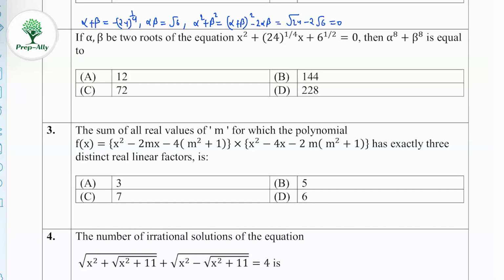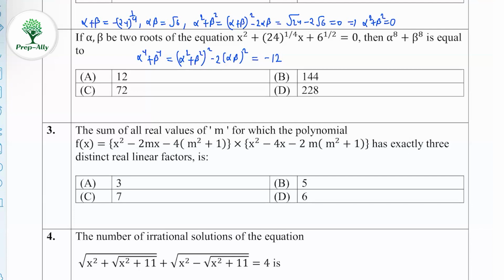So alpha square plus beta square is 0. Once we have that, you can also calculate alpha power 4 plus beta power 4, which is alpha square plus beta square whole square minus 2 alpha beta square. Alpha square plus beta square is 0 and alpha beta is root 6, which gives minus 1.